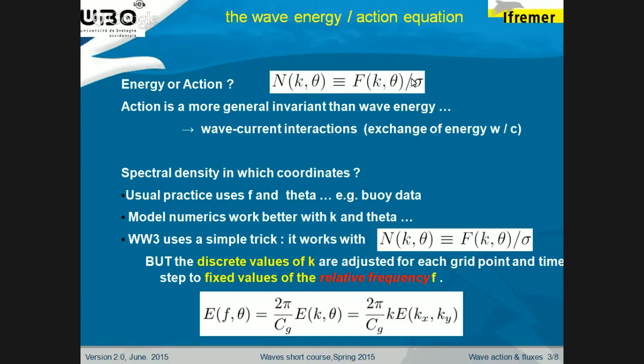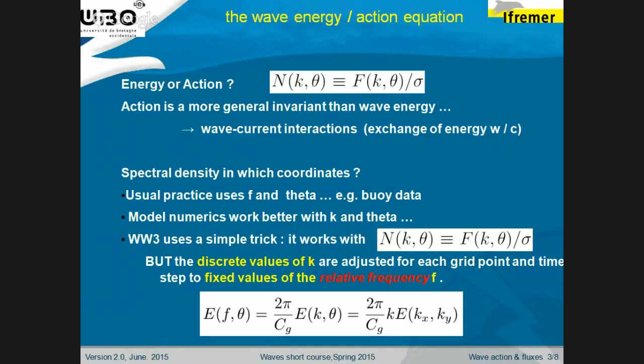The reason is that in general, if you have varying currents, sigma will change and the energy will change because the wave and the current exchange energy. So when you write the evolution of the wave energy, if you work with the energy, you have one term of energy exchange between wave and the currents. One way to simplify that is to work with the action, the energy divided by sigma.